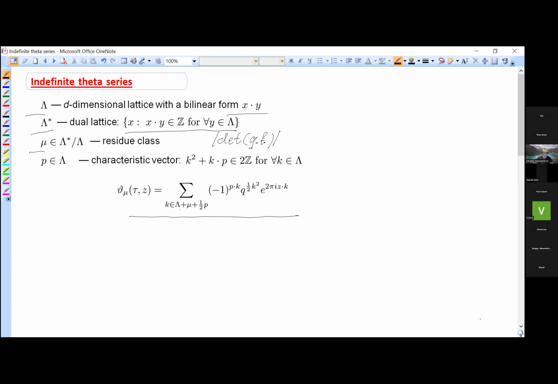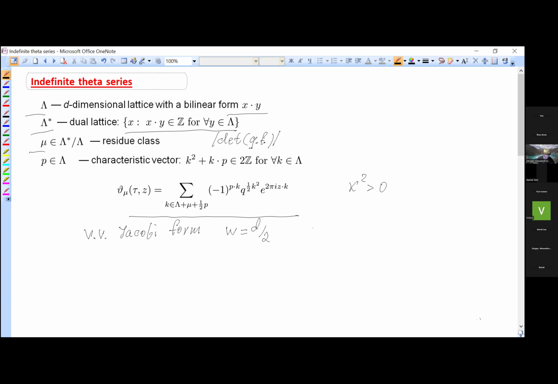So this formula assumes that my quadratic form is positive definite, and then this formula is well defined, it's convergent. The claim, which is a standard fact, is that this function is a vector valued Jacobi form of weight given by half of the dimension of the lattice.